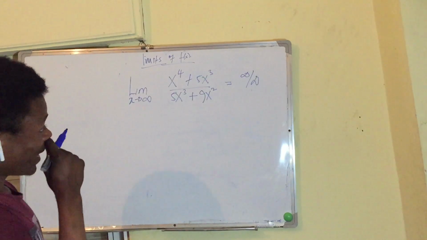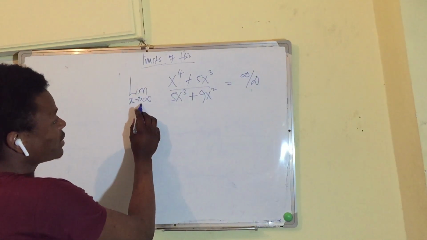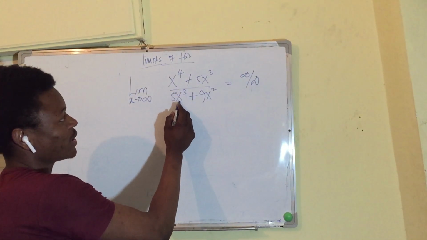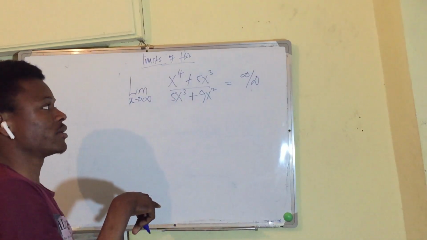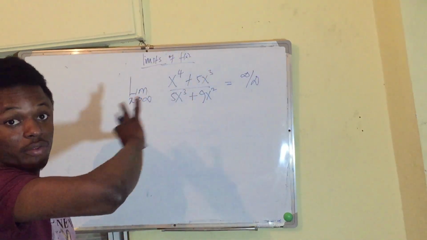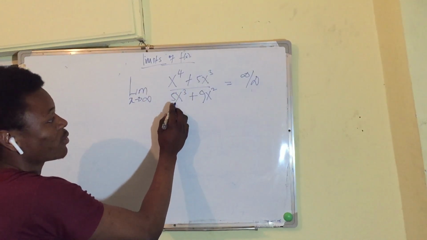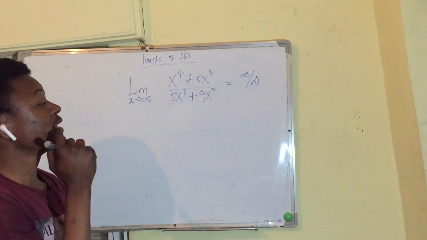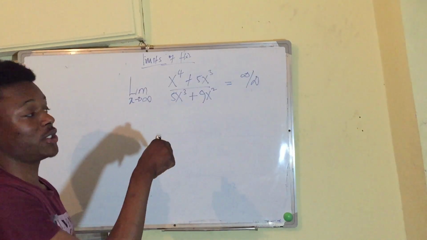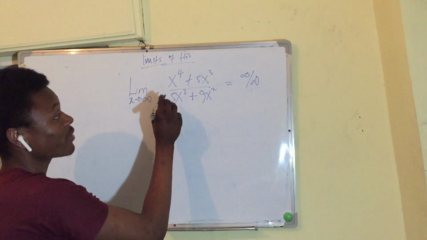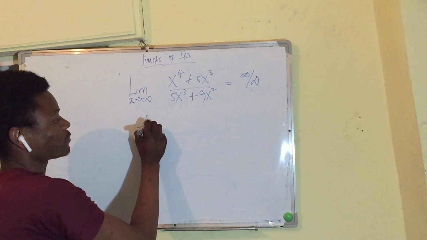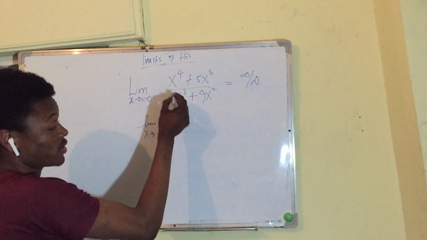So the best way of approaching a problem when the limit approaches infinity is to consider the highest power in the denominator, that is, dividing the function through by the variable x to its highest power. Here x cubed is the highest power in the denominator. So we have to divide everything by x cubed.